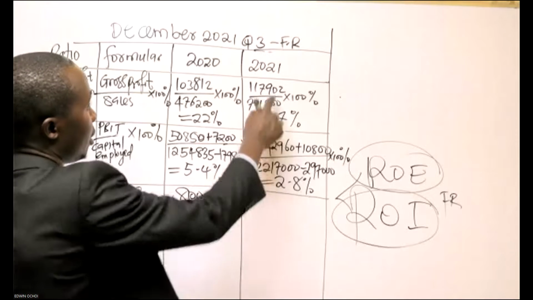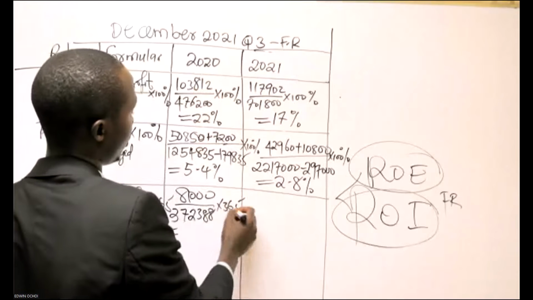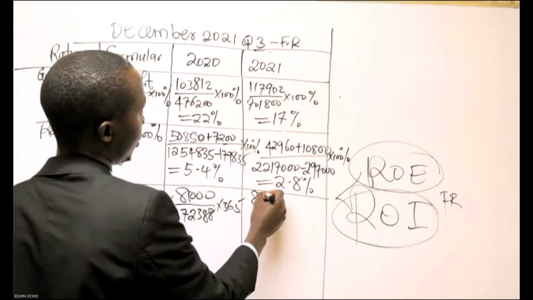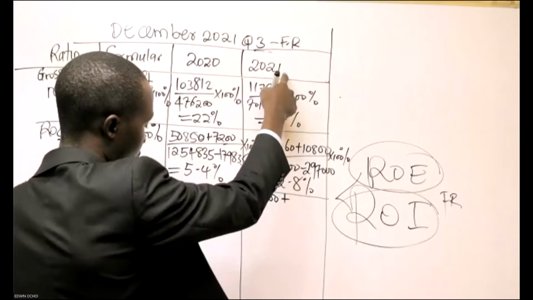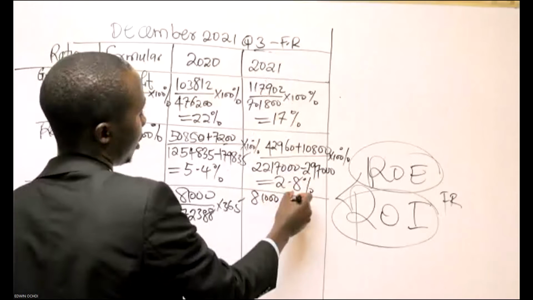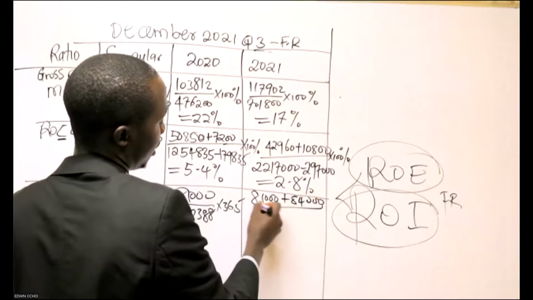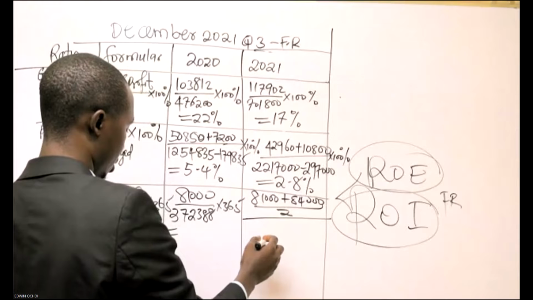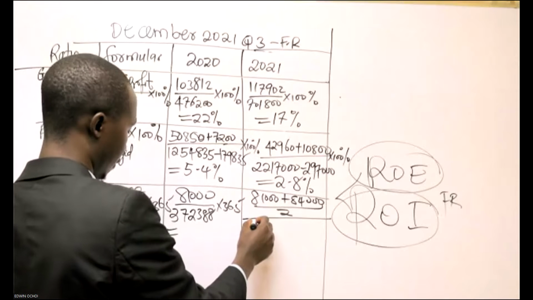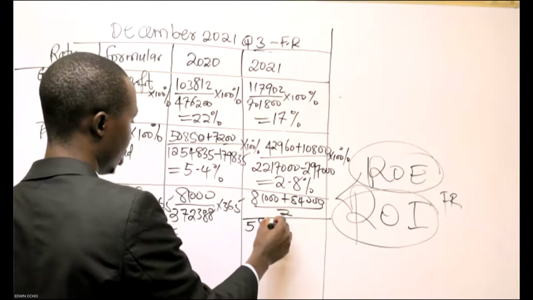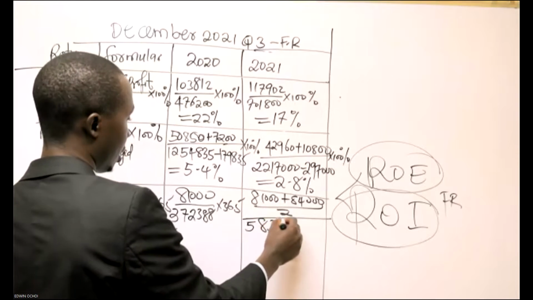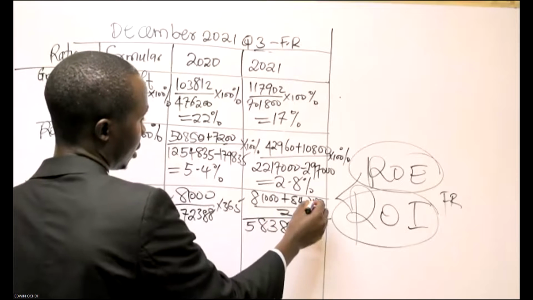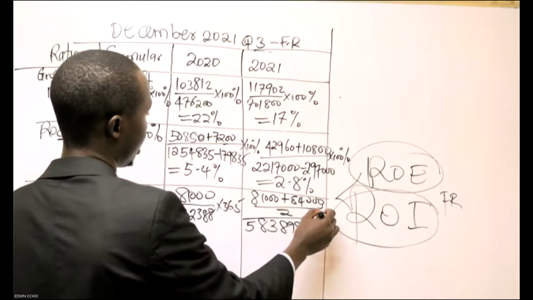Then for 2021, since you have the one for 2020, you take the one for 2020 plus the 120 for 2021, which is 84,000. You divide by 2. And from there, you divide your cost of sales, which is 583,898. Then you multiply with 365.